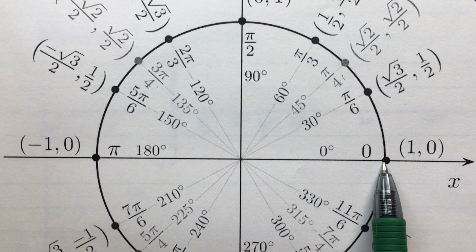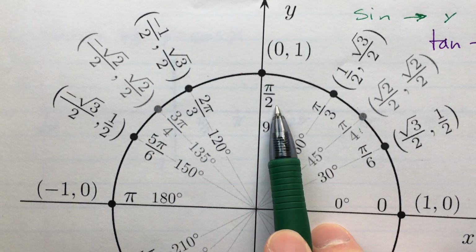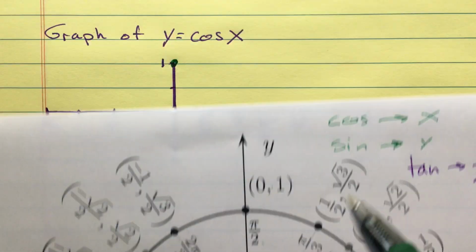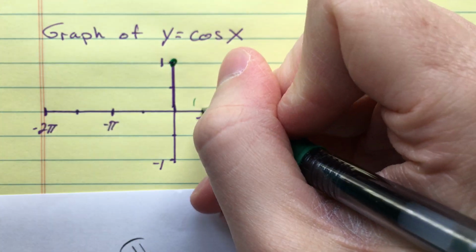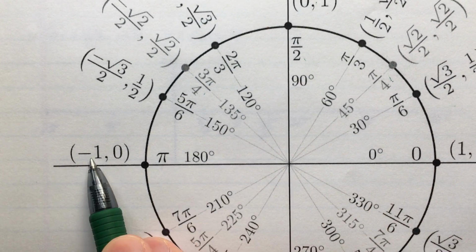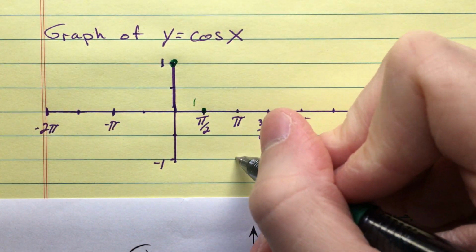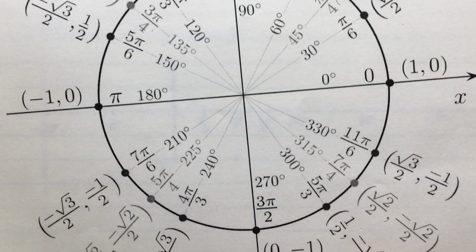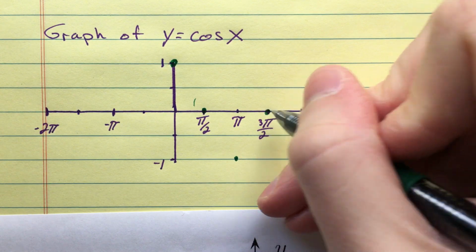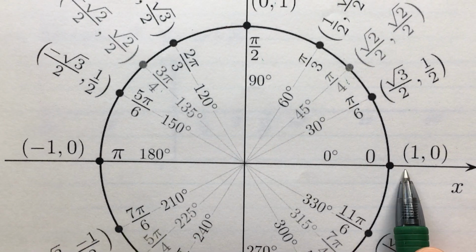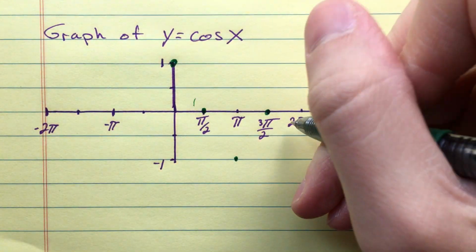So now as we go around, we'll get to pi over 2, and our x value is 0. When we get to pi, we're at negative 1. When we get to 3 pi over 2, we're at 0. And when we get back to 2 pi, back at the start, we are back to 1.